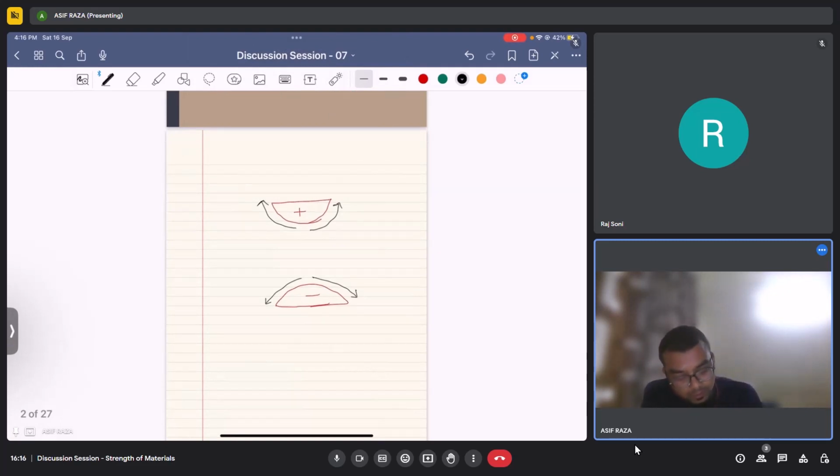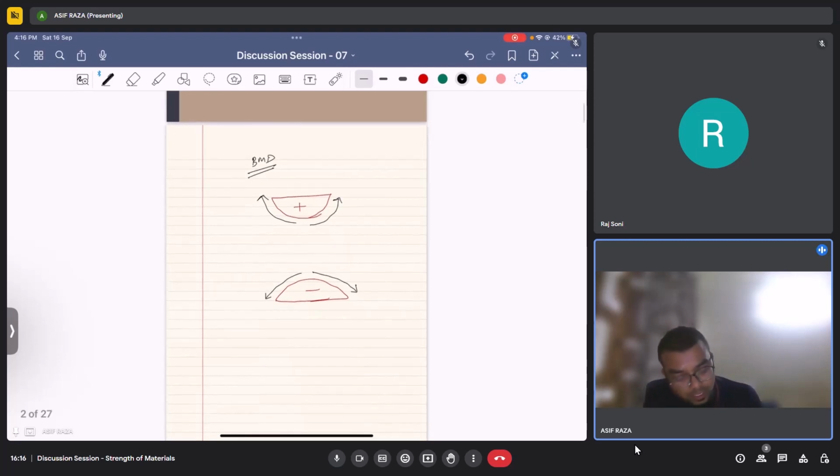For the bending moment diagram, the sign convention which we normally follow is this: this is the sagging moment, and this is the hogging moment.